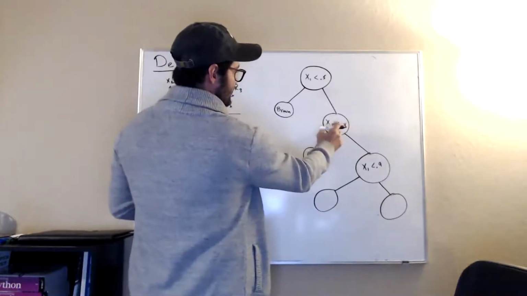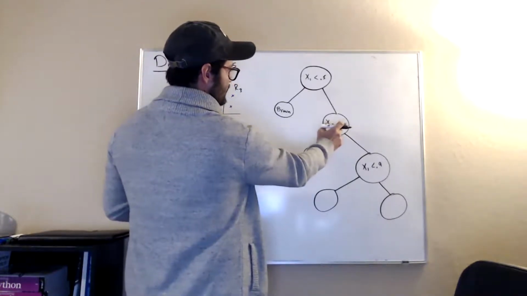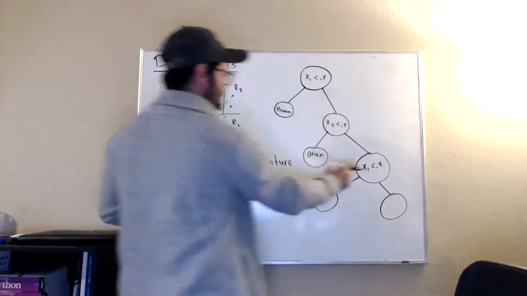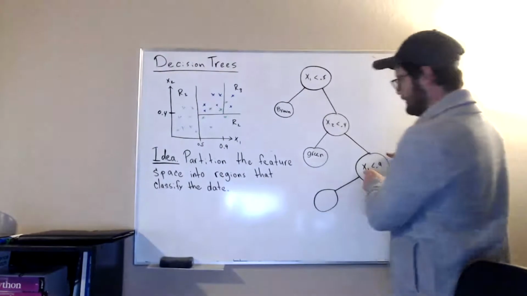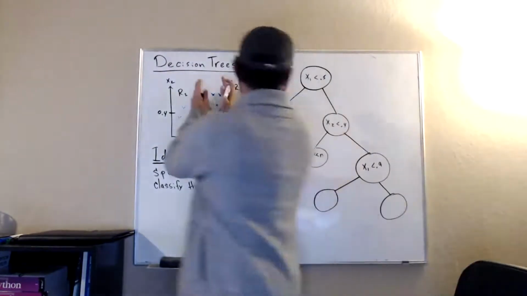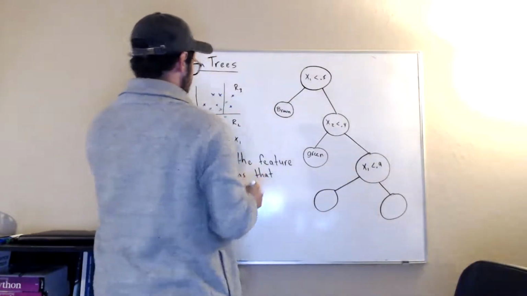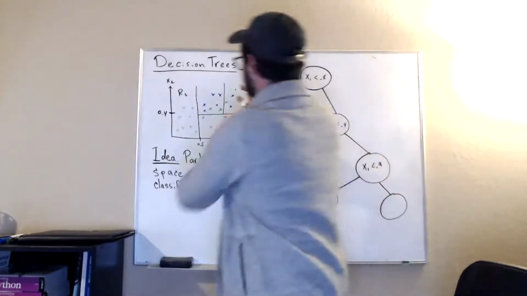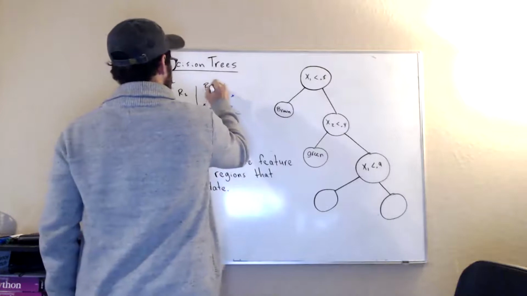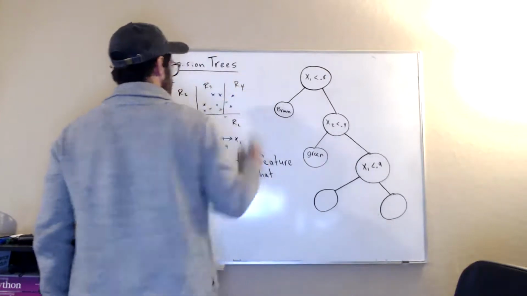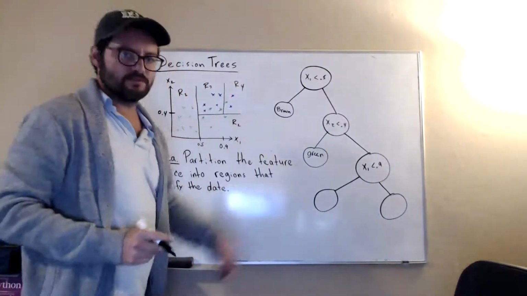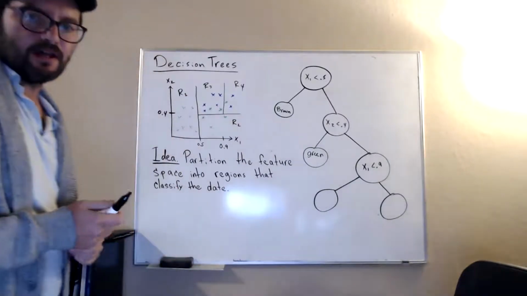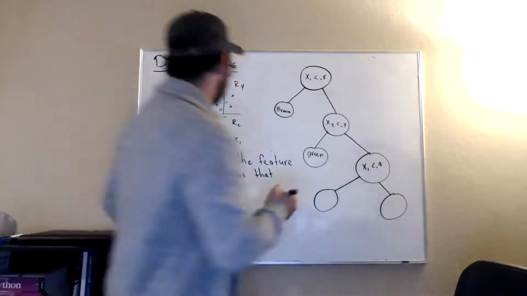And now if x2 is greater than or equal to 0.4, we're in this region here. And if x1 is less than 0.9, we're in this region here. And then if x1 is greater than 0.9, we're in this region here. And the leaves of this tree correspond to the predicted labels.